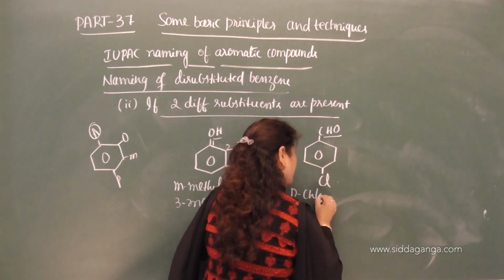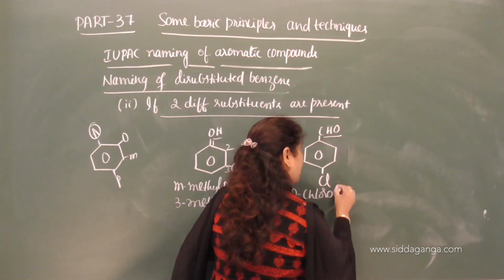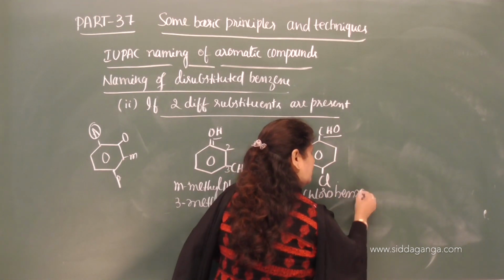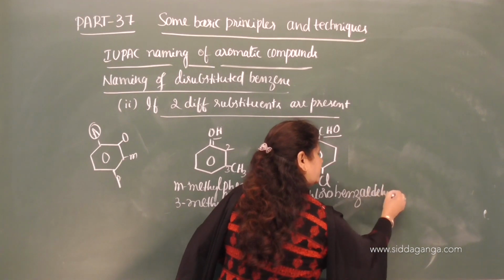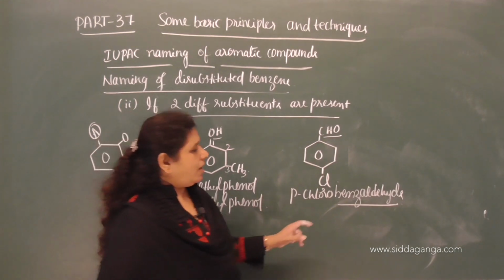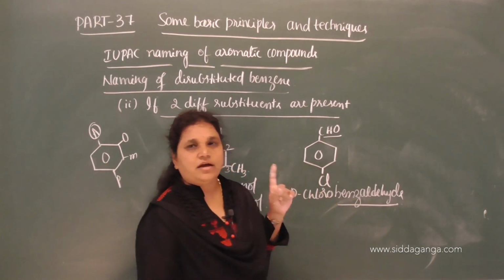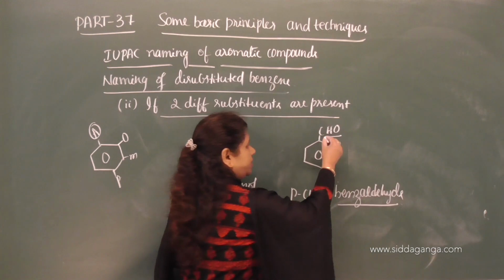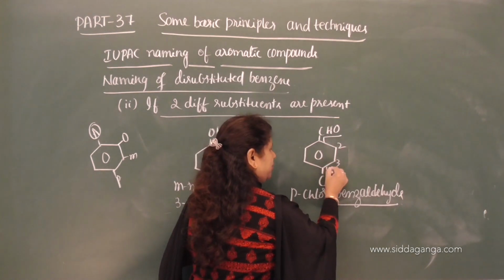Then what about this? p-chloro, opposite, para-chlorobenzaldehyde. See here, the root word we are using is benzaldehyde, or else you can use benzene carbaldehyde. And what about this? 1, 2, 3, 4.